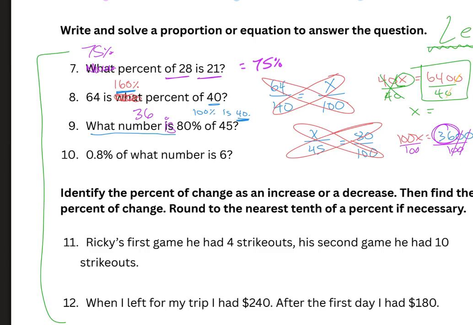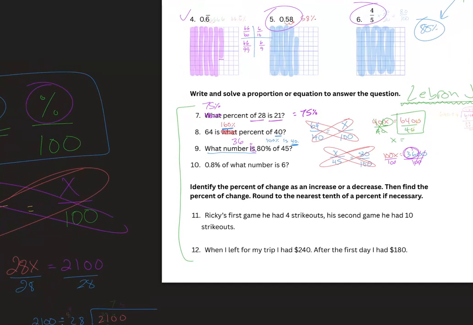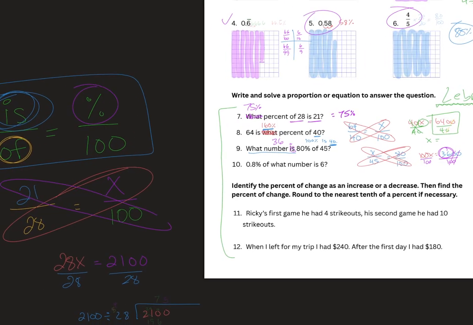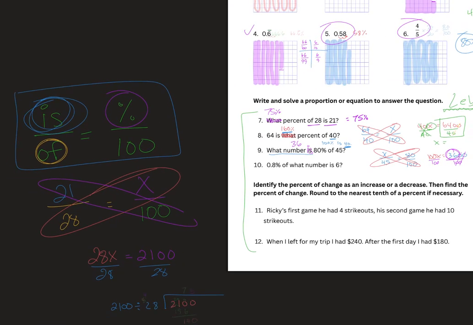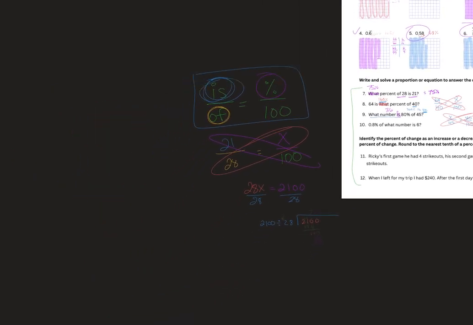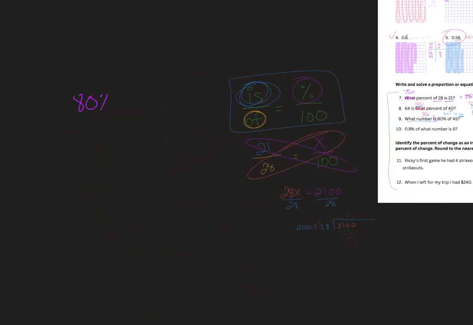And that's something you could verify. You could have verified the other things, so I don't know why I'm going to stop and verify this one. But, for example, 80% of 45. If I want 80% of 45, you can find 10% of 45 by doing this.